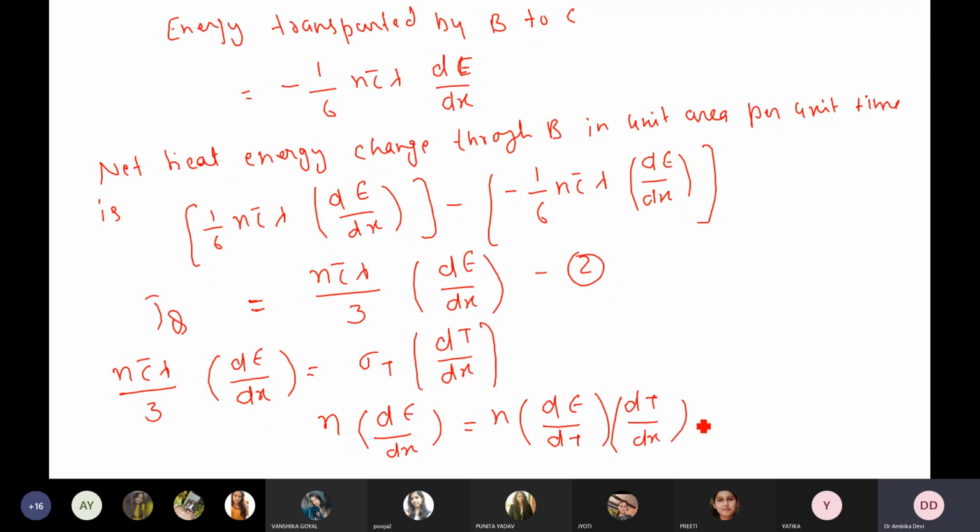So this is further equal to, what is dE by dT? dE by dT is the specific heat. So this is further equal to n into specific heat of the electrons into dT by dx.